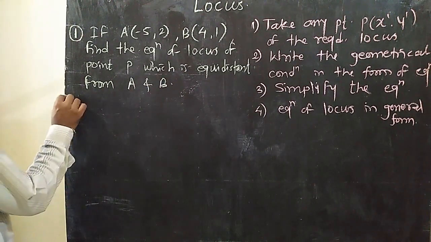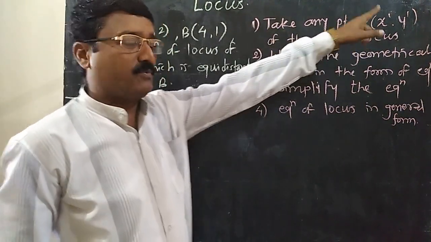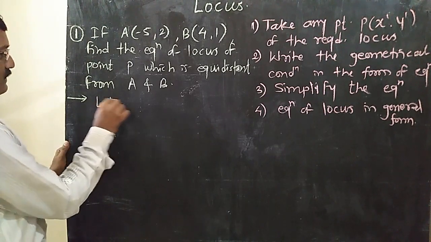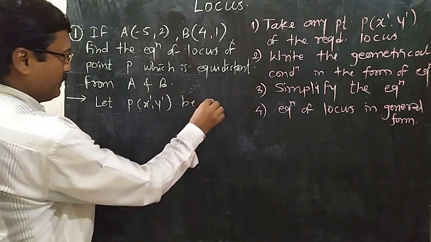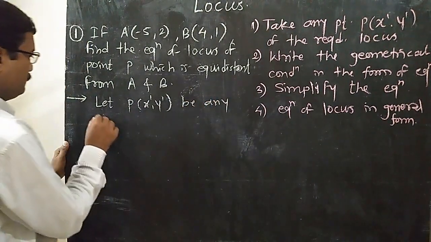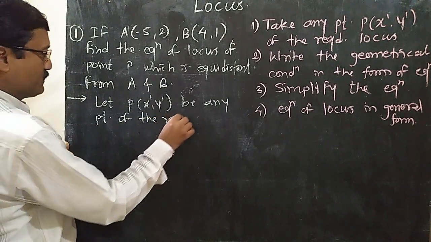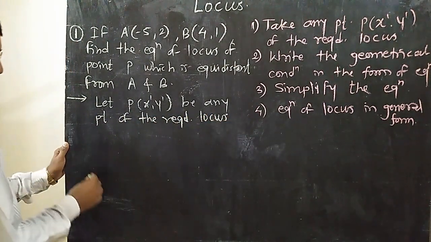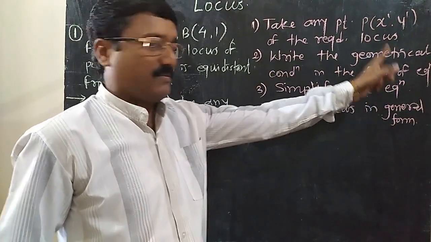Okay, we will follow these 4 steps. We will initially take any point P(x', y') of the required locus. So we will write, let P(x', y') be any point of the required locus. Then in the second step, write the geometrical condition in the form of an equation.